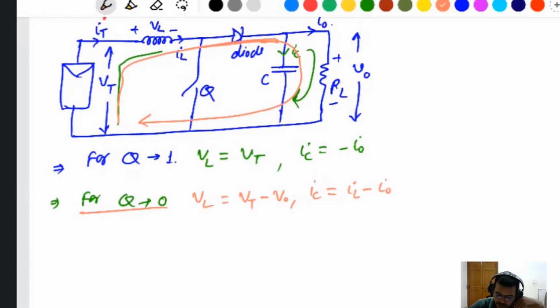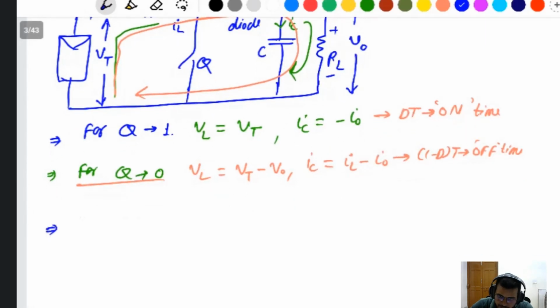This one is the DT time, the on time. This one will be (1 minus D) into T, so it is the off time. The average voltage of the inductor will be 0, and the average current of the capacitor will be 0.